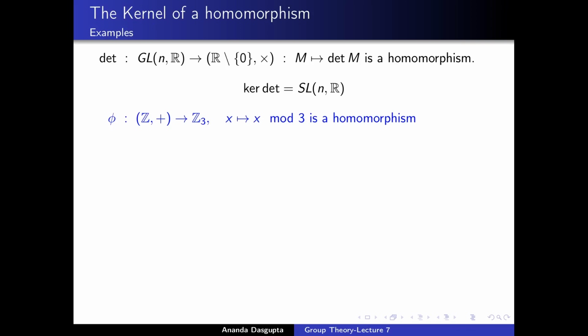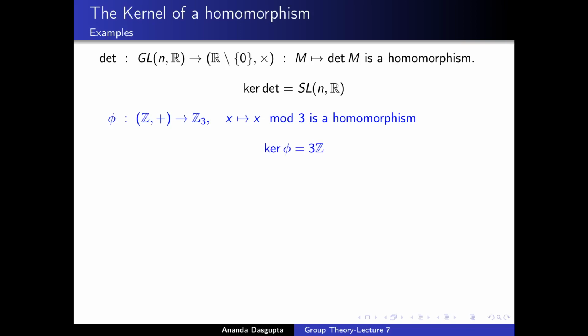It is obvious that the identity element of the group Z3 is simply 0. So all we are asking is, what are those integers which map to 0 under the operation modulo 3? In other words, which integers leave a remainder of 0 when you divide them by 3, which is simply all integers which are multiples of 3.